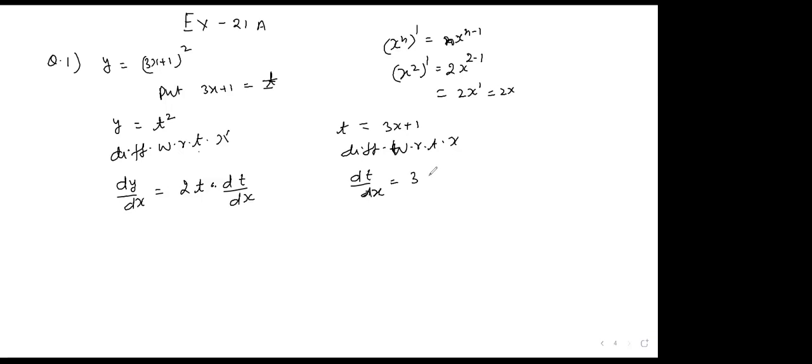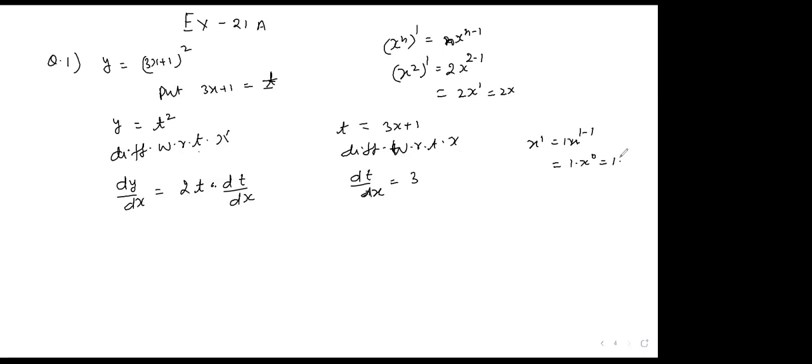Because the power of x is 1, so take 1 and then the power 1 minus 1, 0. So 1 into x to the power 0 becomes 1 only. So the derivative of x is always 1.